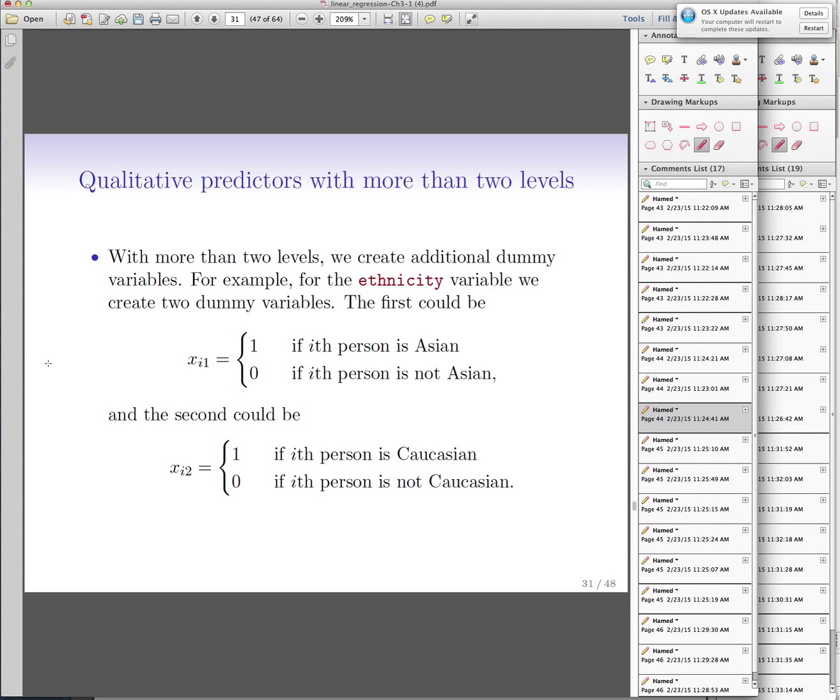So here, x_i1 is defined as a dummy variable which signifies that if you are an Asian, you get 1, otherwise 0, and if an observation is Caucasian, you get 1, otherwise 0. So here, African Americans were treated as the baseline category.